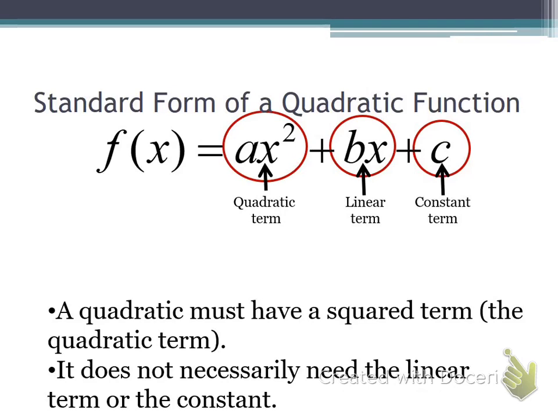A quadratic must have a squared term called the quadratic term. I know that's cut off. I'll go over what it says in just a minute. A quadratic must have a squared term, which we call the quadratic term.